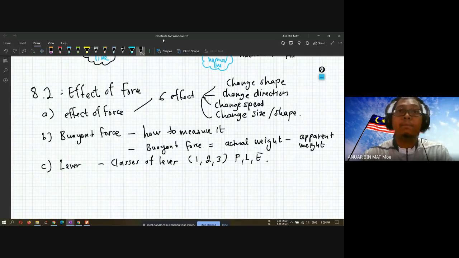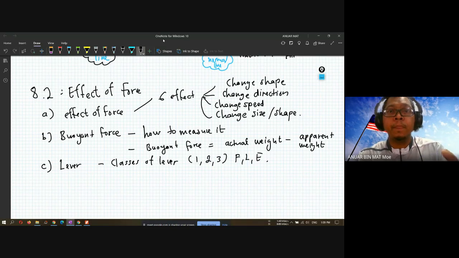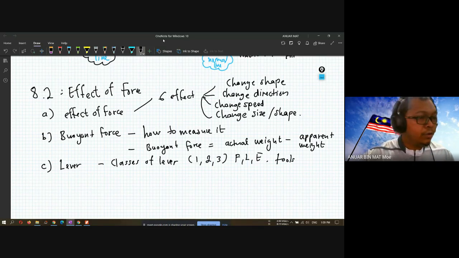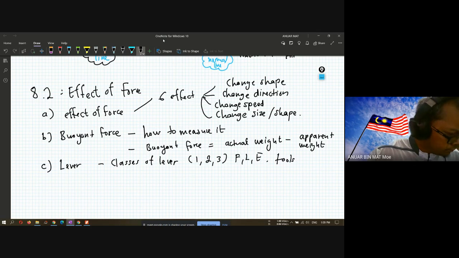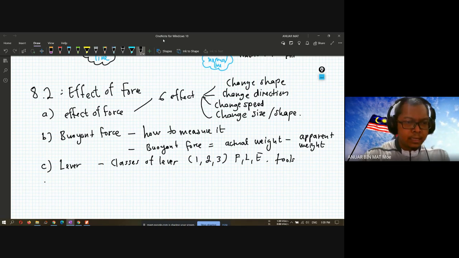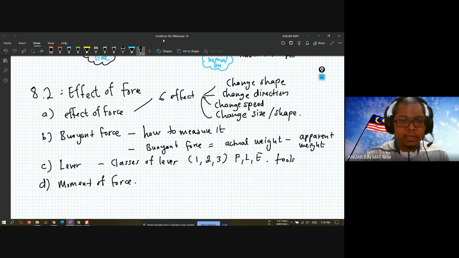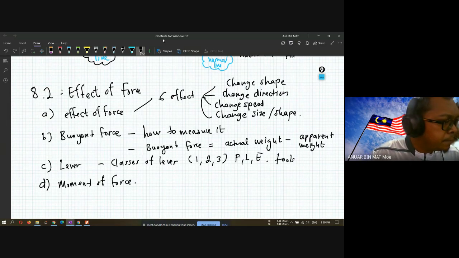And then the example of tools that use this class of lever. And then of course you also already learn about the next, the moment of force. We also already finished this, the moment of force.